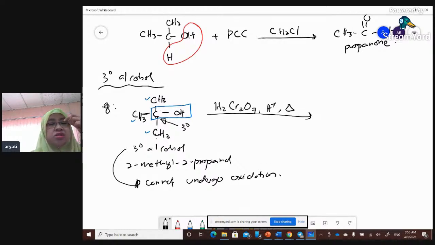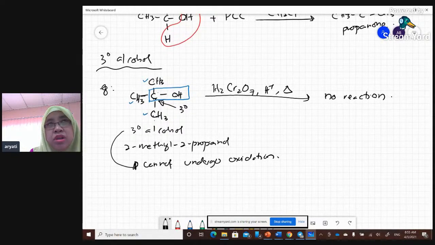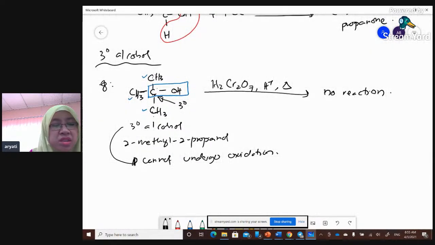Okay, dengan strong pun tak boleh, apatah lagi dengan weak. Tertiary alcohol dengan oxidation dia no reaction. Sebab tu eksperimen kita yang minggu ni kita guna 2-methyl-2-propanol, kamu dapati the orange color of sodium chromate remain unchanged. Dia warna orange.